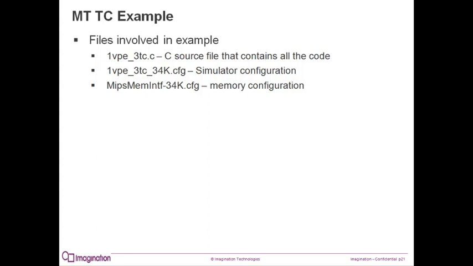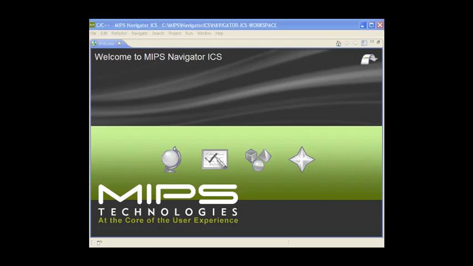The 1VPE3TC34K.CFG file is the MIPSIM simulator configuration file, and the MIPS mem inf 34K config is the memory configuration file for the simulator. I'm now going to show you a demonstration of the code we just went through.